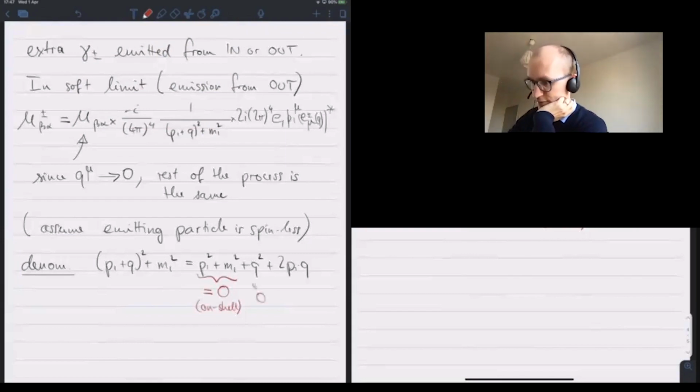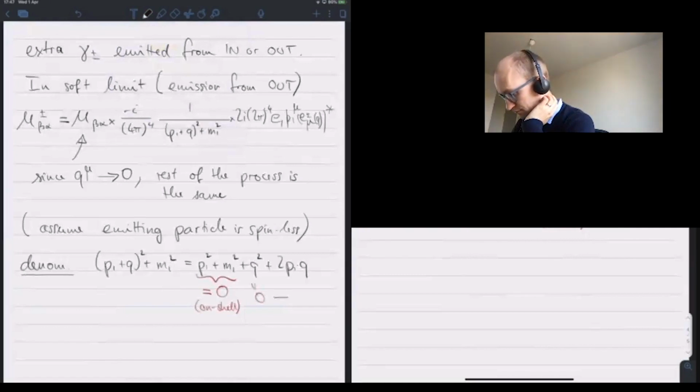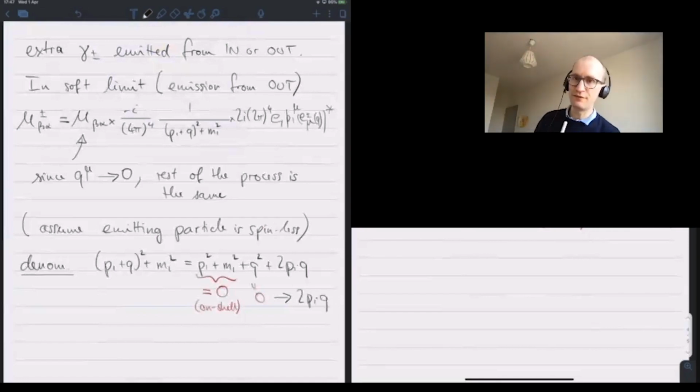So all that is left is the factor 2 P1 dot Q. And for every other possible line that it could have been emitted from, there is going to be an analogous term, something like Pn dot Q, n being the arbitrary label.